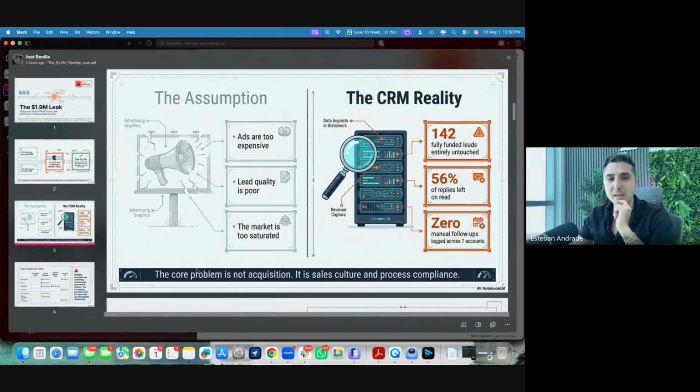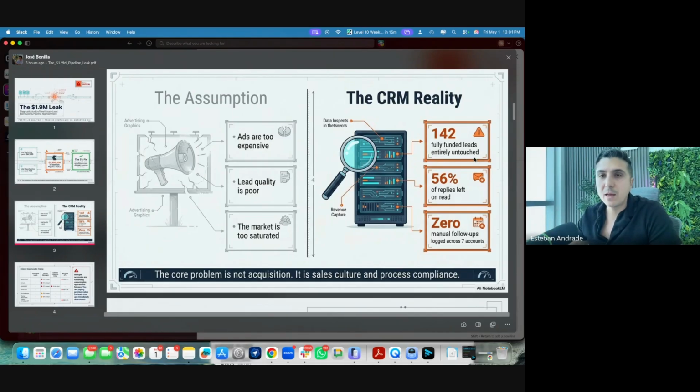But the core problem is not acquisition, it's the sales culture and the process compliance that the company has. Because we evaluated the CRM and found 142 fully funded leads, essentially leads that were already purchased, that were entirely untouched.